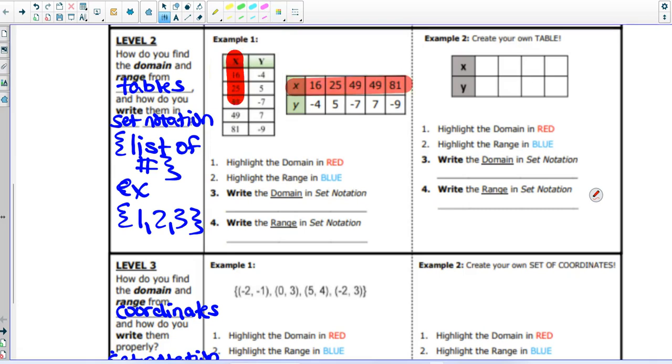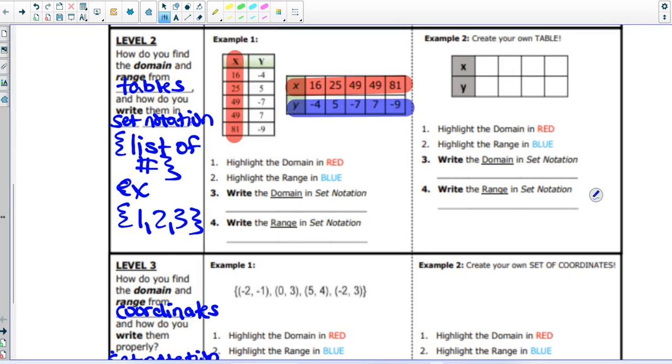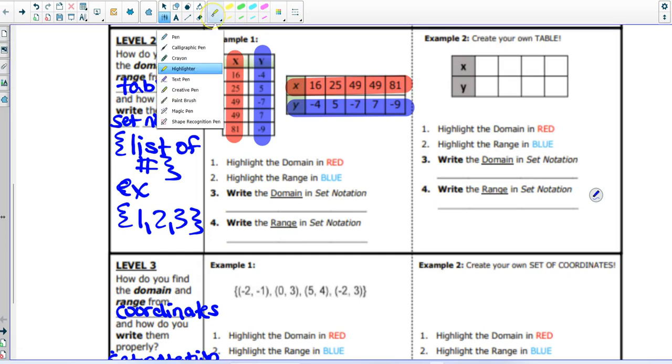And I'm going to highlight all of my range values blue. Then I think it's only appropriate that I write my domain in red, because that's what it says.